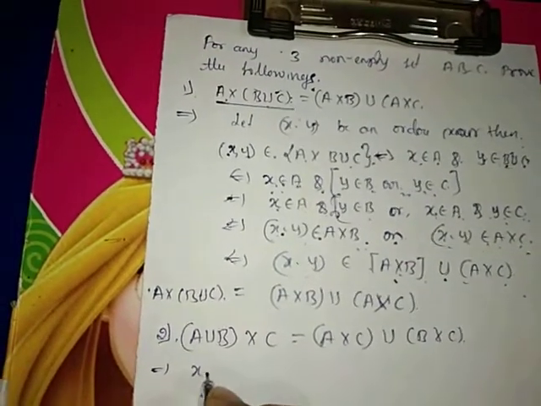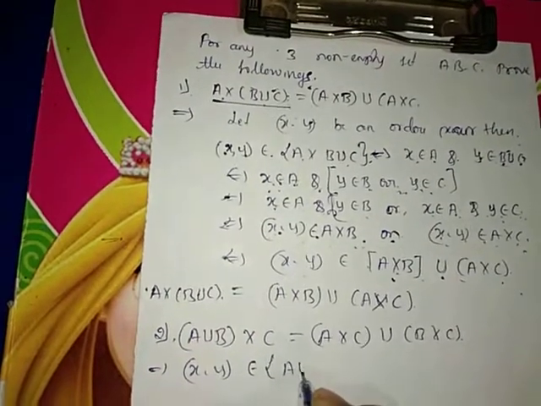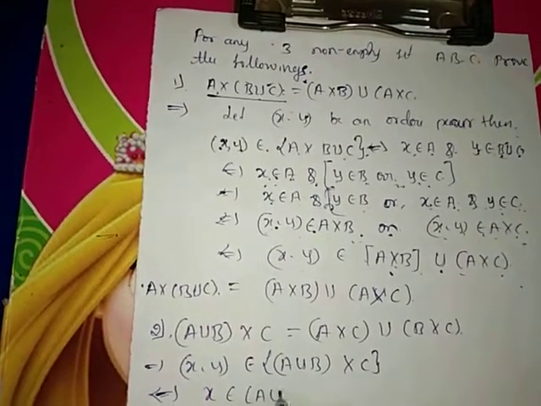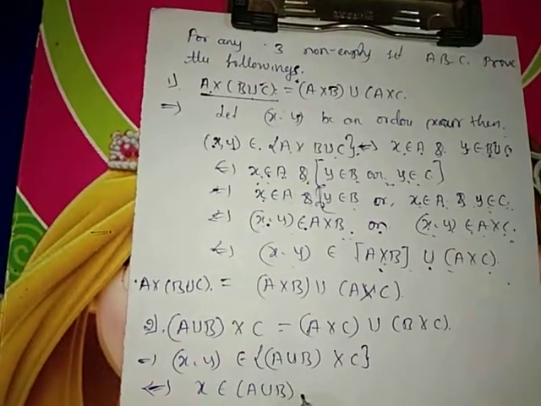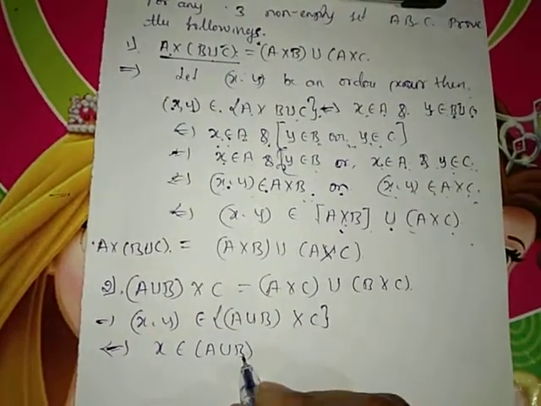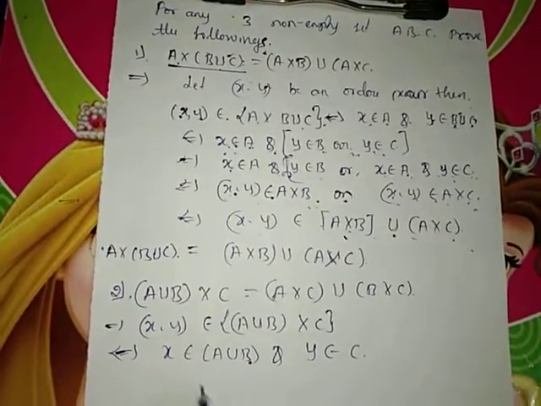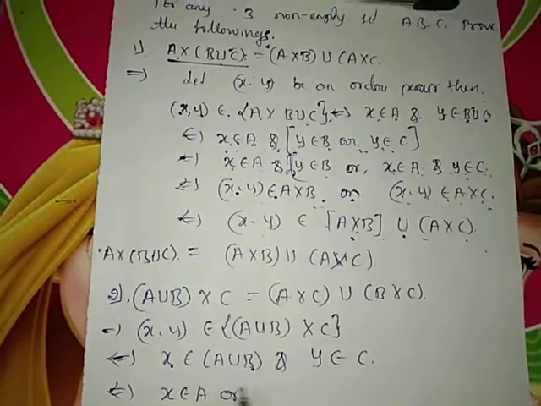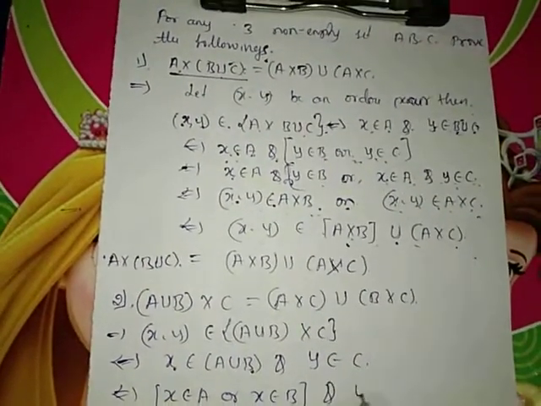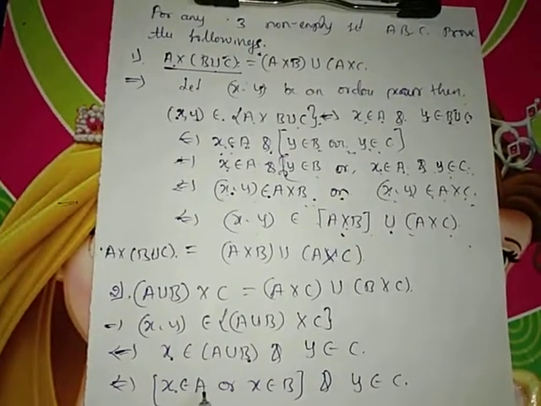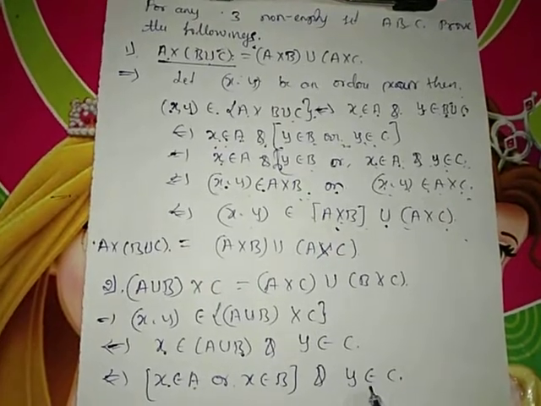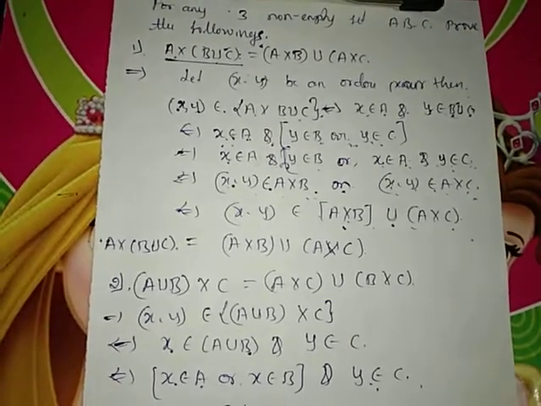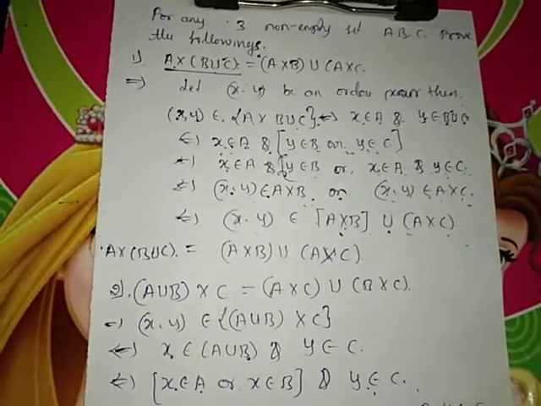Again consider the ordered pair (x, y) that belongs to (A ∪ B) × C. That indicates x belongs to A ∪ B and y belongs to C. If x belongs to A ∪ B, that indicates either x belongs to A or x belongs to B, and y belongs to C. This can be written as x belongs to A and y belongs to C, or x belongs to B and y belongs to C.